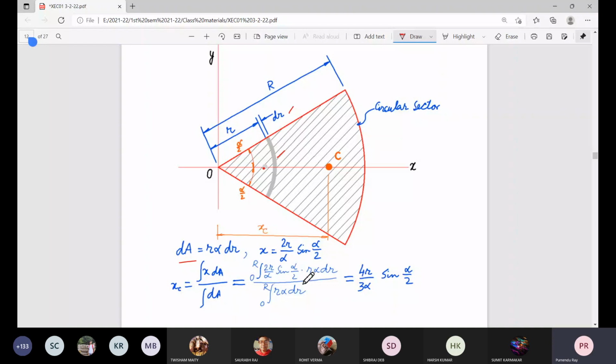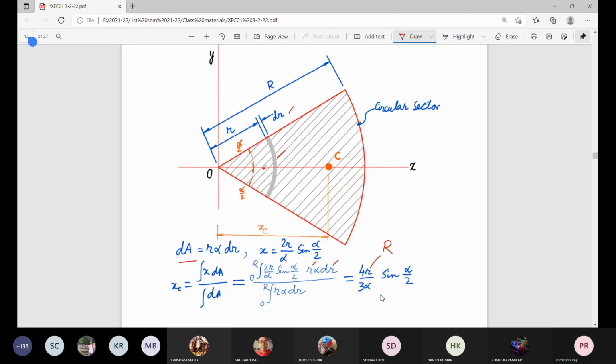But I think some mistake is there. This r is variable here. Now, after integration from 0 to capital R, it will be 4 capital R divided by 3 alpha sine half alpha.